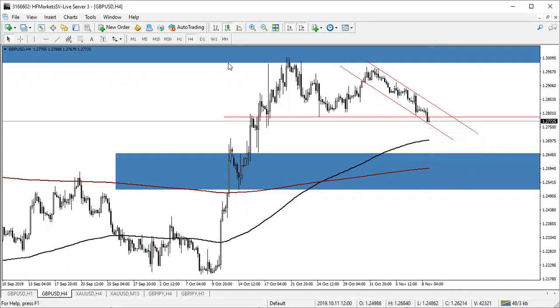So we could have this as stated on the daily. So we are looking forward to a gap, then a continuous bearish momentum on the pound.